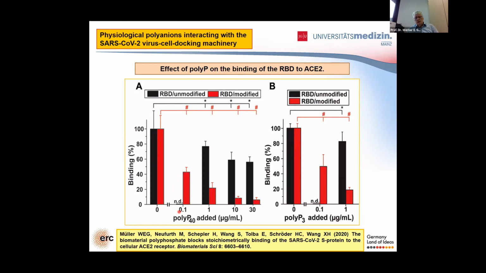At concentrations 0.1 microgram per milliliter, which are much lower than usually in a healthy person, the polyphosphate level is.